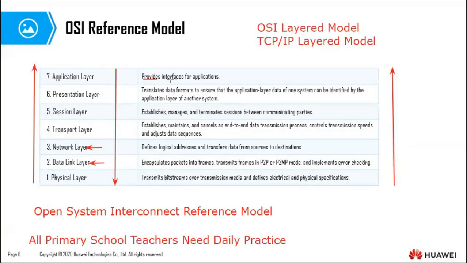is used to provide interfaces for applications. Really, the application layer provides protocols that enable applications to access the network. Let me repeat that again.